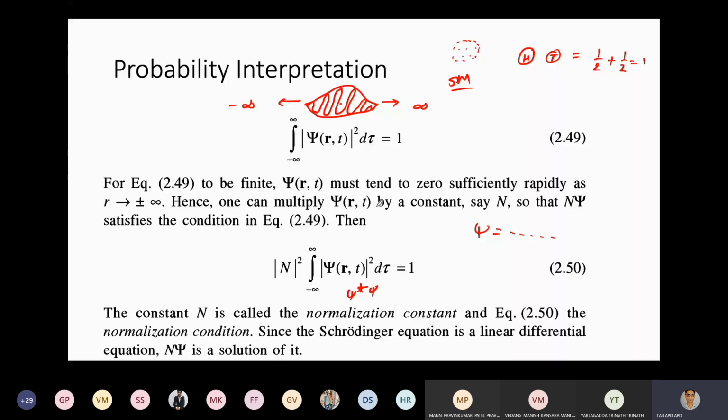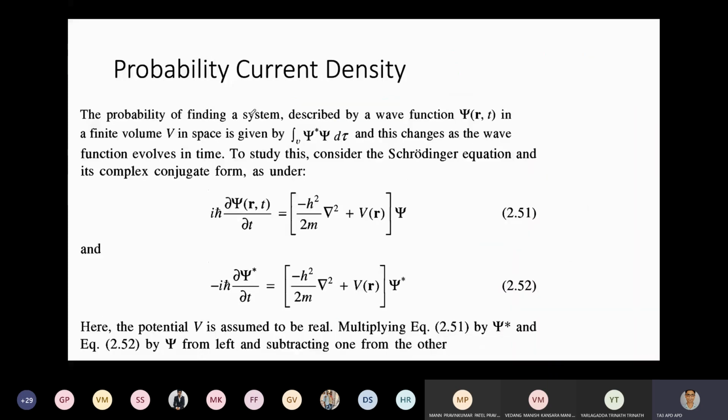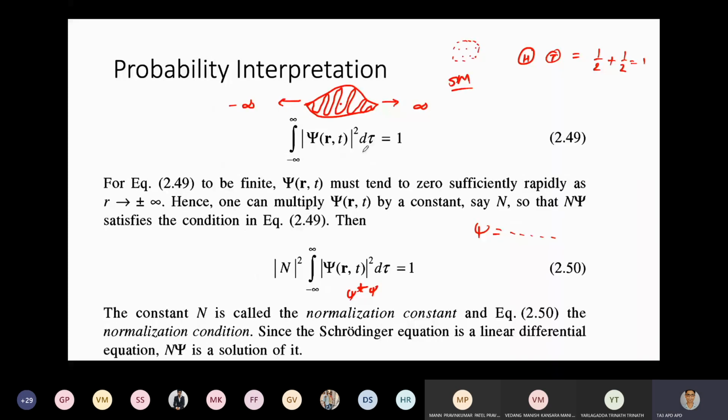Okay, now let us see something called probability current density. Okay, so probability current density क्या है? So we have seen the probability density. Okay, we saw the probability density. So it indicates the probability at a given point in space and time.